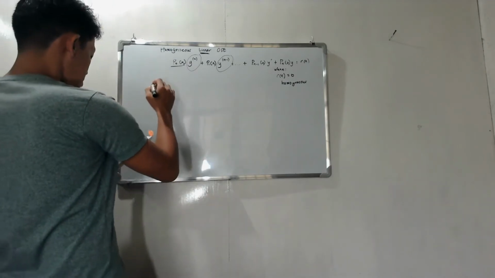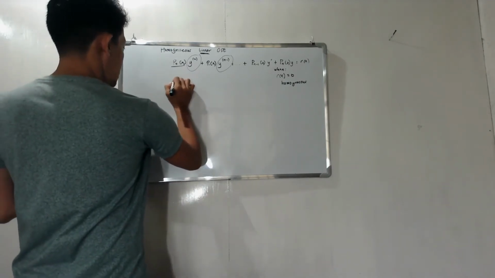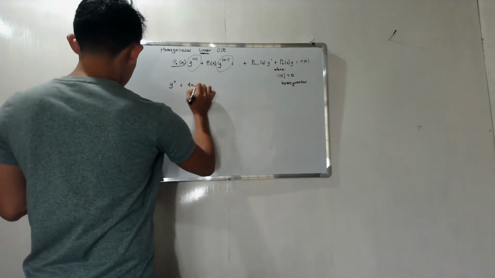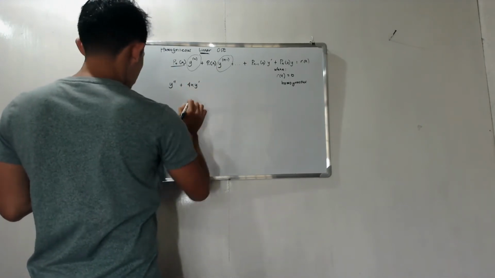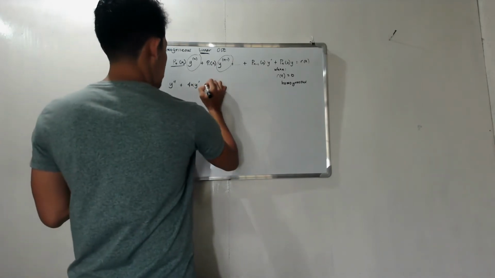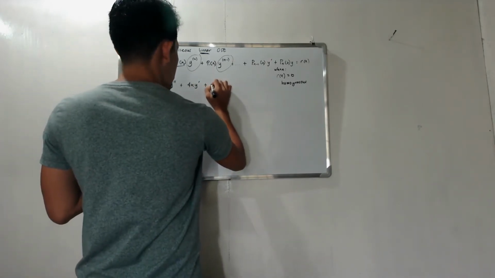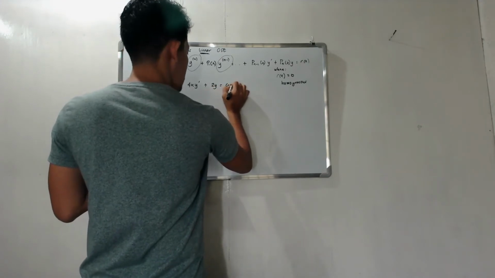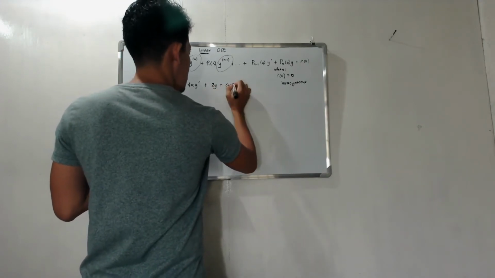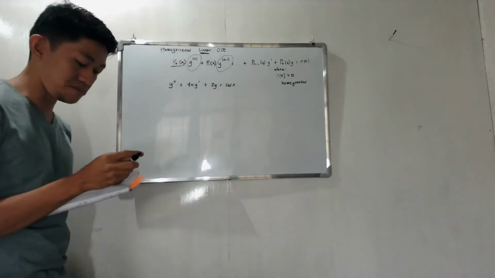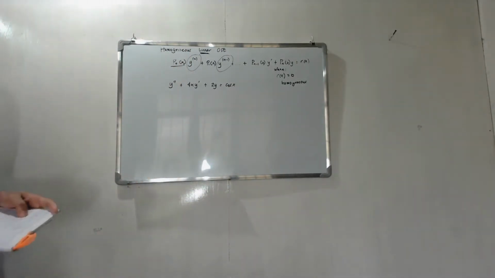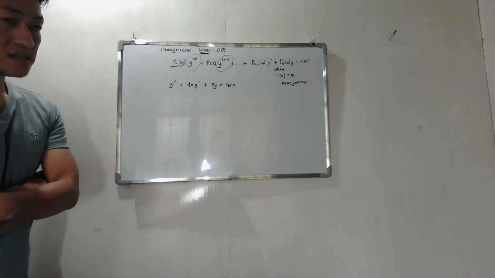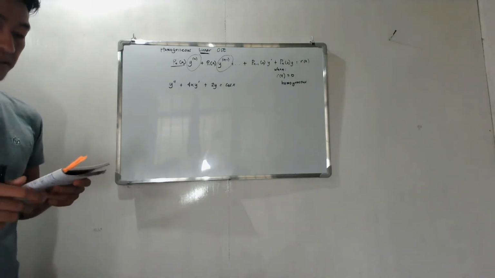Okay, let's take some examples. You have y double prime plus 4xy prime plus 2y is equal to cosine x. Is it linear? Is it non-linear?